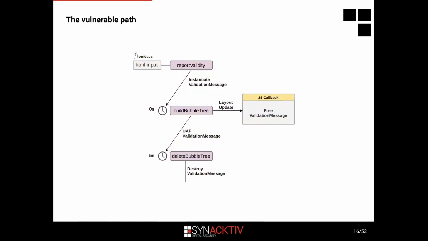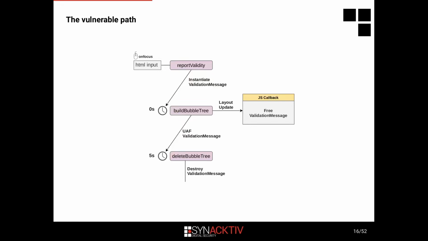Okay, now let's see the vulnerable path. We can instantiate a validation message object by making a call to report validity on some HTML input field. We register on that input field some JS handler. For example, we can define a JS handler that is executed whenever the focus is set on that input field.